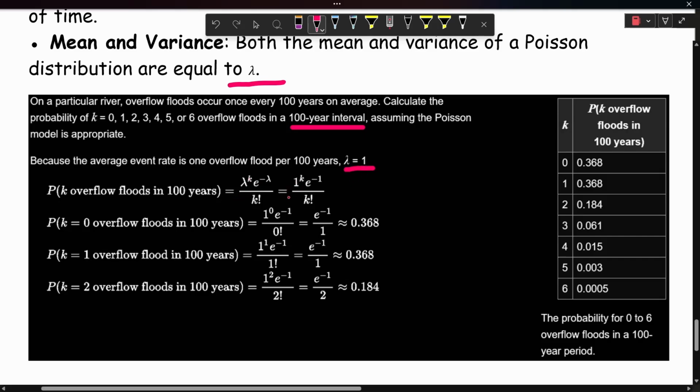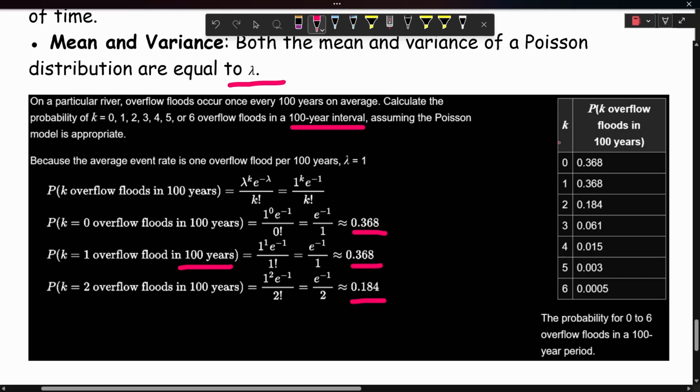So when we substitute the values, we get this. If k equal to 0, 0 times the flood occurs in 100 years. That is no flood occurring in 100 years. The probability is 0.336. The probability of a flood occurring one time in 100 years is the same, both are same. And k equal to 2, that is 2 times there is a flood in 100 years, the probability is 0.18.